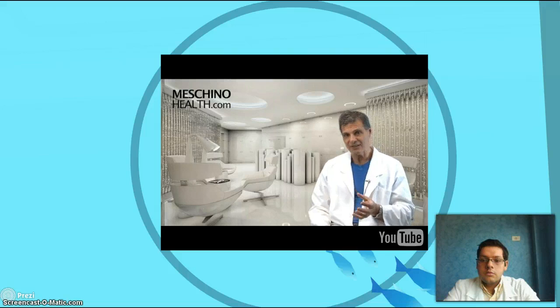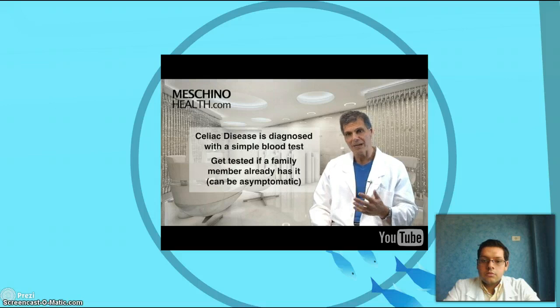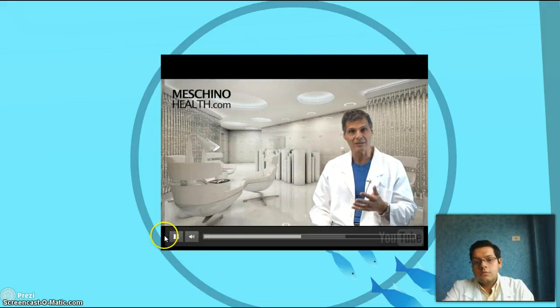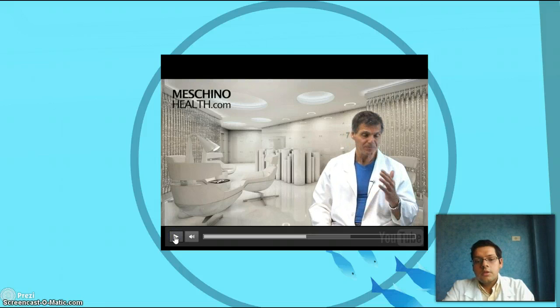Now, to find out if you have celiac disease, right now there's a very simple blood test that you can undergo. So there's no excuse now for not being tested if you think you have some symptoms. People who come from families where one family member has celiac disease should be tested, because celiac disease can be asymptomatic in a lot of people. So you should really go and be tested. And certain cultures, for genetic reasons, are just more susceptible to the development of celiac disease. Thank you.